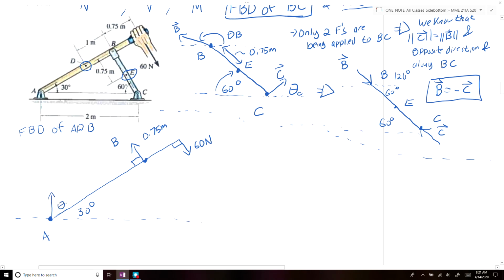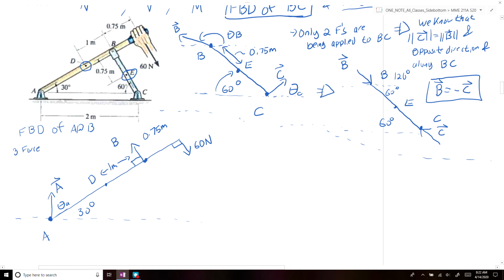I'll call this angle theta A, and I'll call this force A here. We know that we have 1, 2, 3 forces acting on member ADB. All right, and since we only have 3 forces, ADB is a 3-force member.